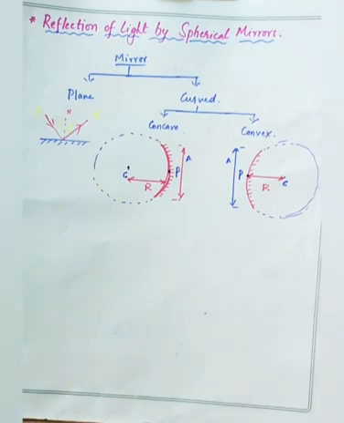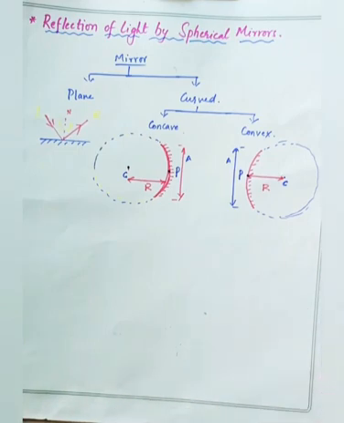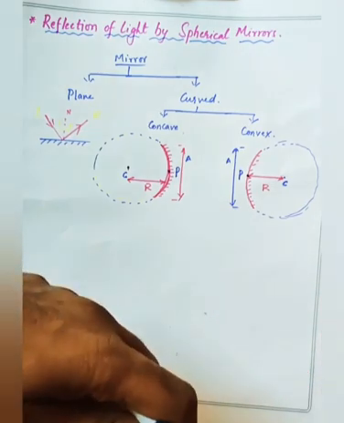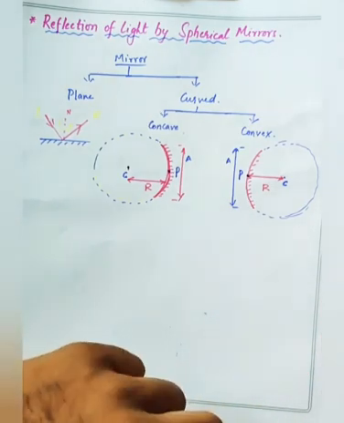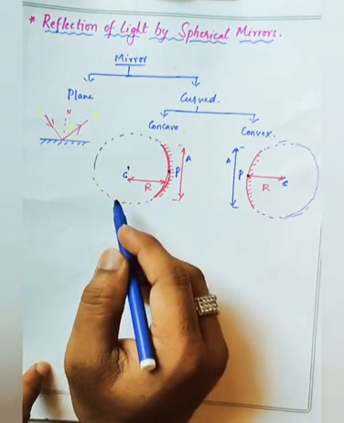Now we have to see what is principal focus. Principal focus means that once the rays strike the reflecting surface, they focus at one particular point.